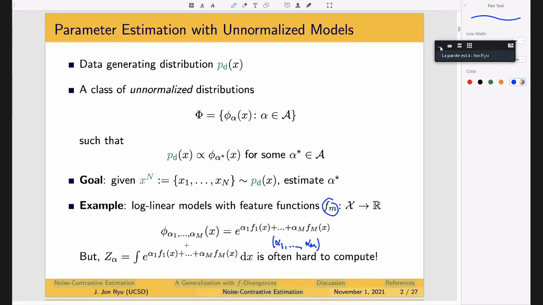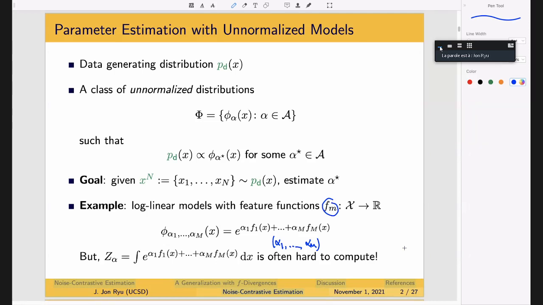If you want to do parameter estimation with respect to this class, you often need to compute the normalizing constant. For example, to apply the maximum likelihood estimation principle, you are required to provide the normalization constant, because that assumes the distribution is normalized. This is often hard to compute because in many cases we are considering high dimensional x.